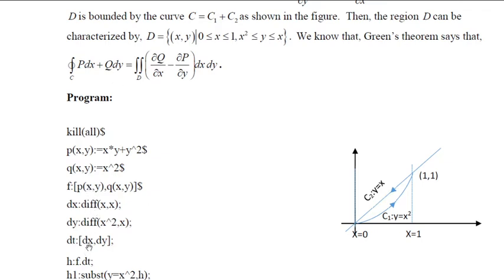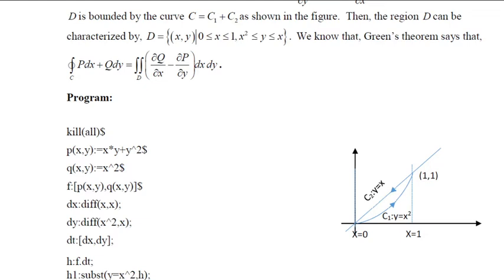And you should remember, we have to substitute what is our y in this. So let's substitute y equal to x square in h. Wherever y comes, we'll replace that by x square. That will be stored in your h1.